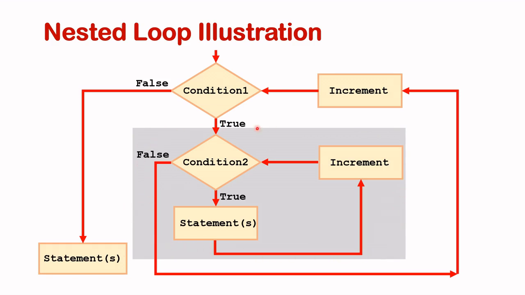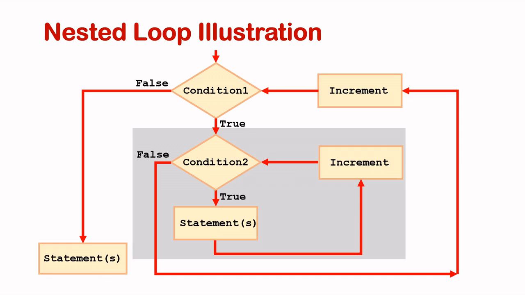So this is a for loop, and this part here is also a for loop, and this is known as the outer loop. The one that is shaded in gray is the inner loop. So this is what we call a loop within a loop.